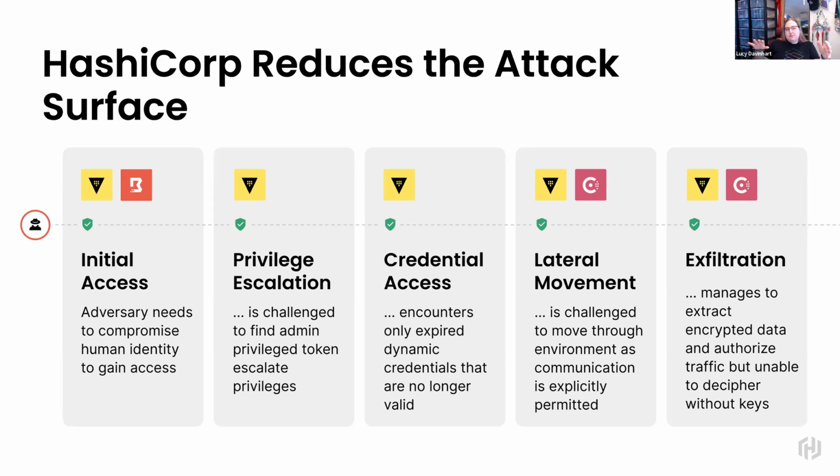Lateral movement is becoming a lot more difficult because we're only allowing communication that's been explicitly permitted. And even if you are able to exfiltrate any data, because the encryption keys for that is stored safely within Vault, you've got no way to decrypt it.